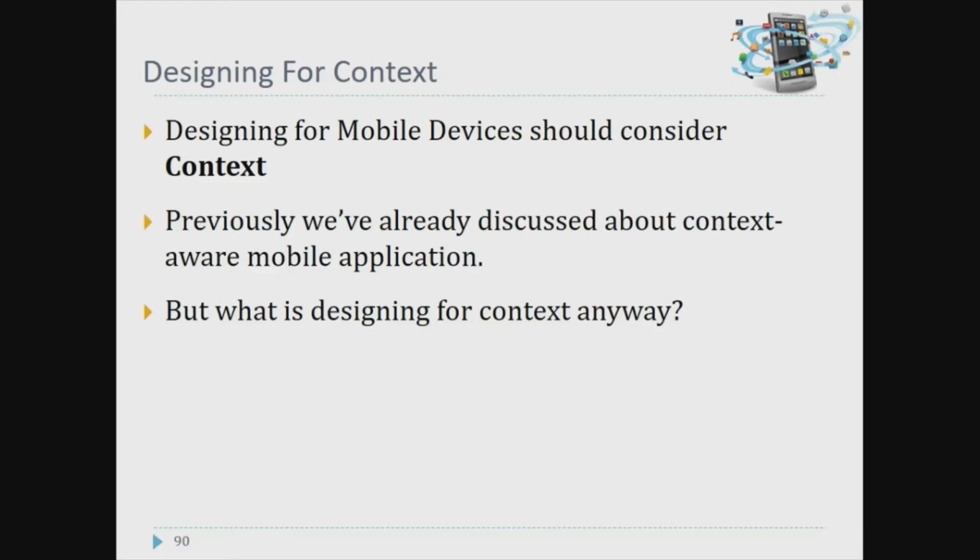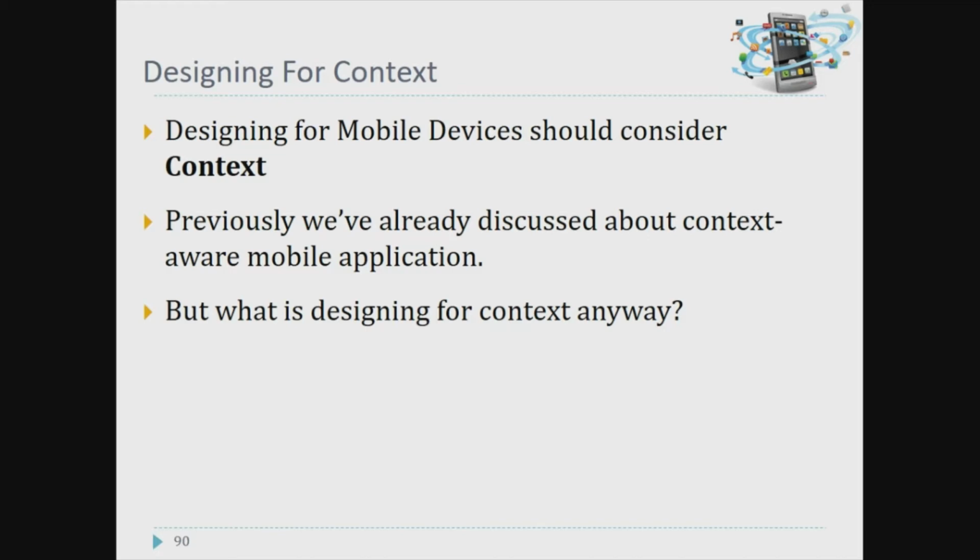The next part is about designing for context. Designing for context means we should consider the context of the mobile device. In the previous video, we already discussed context-aware mobile applications and location-aware mobile applications.